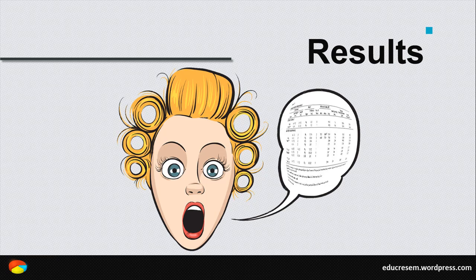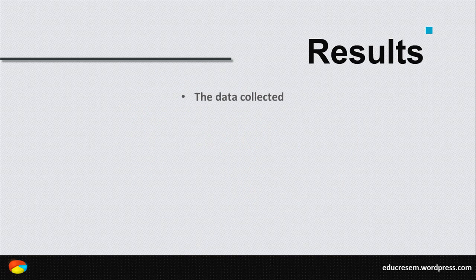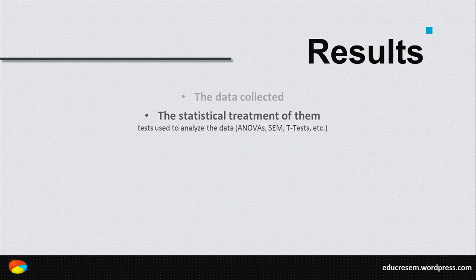The results section contains all the results but no conclusion. The purpose of this section is to supply enough information so the reader can understand the basis upon which you reached your conclusions. Therefore, the results section summarizes the data collected and the statistical treatment of them.